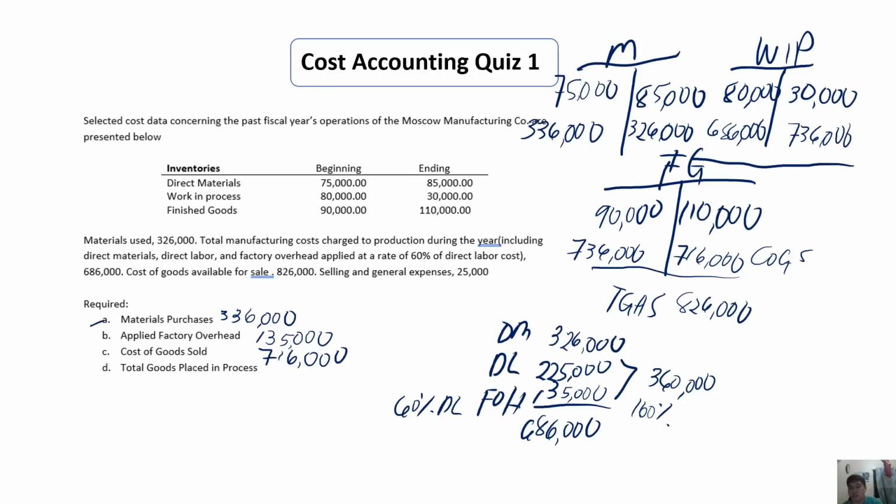Para makuha mo yung total goods placed in process, yung WIP beginning plus manufacturing cost, so 80,000 plus 686, ang lalabas po na sagot ay 826,000 pesos. Ilagay ko dun sa last, 826,000 pesos. Nakuha yung 826,000, i-check ko lang, baka mali. Meron tayong 80,000 pesos plus 686,000 pesos.